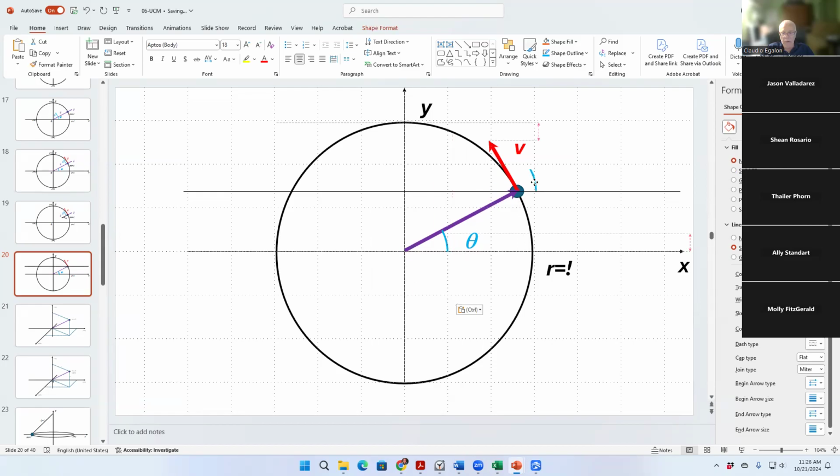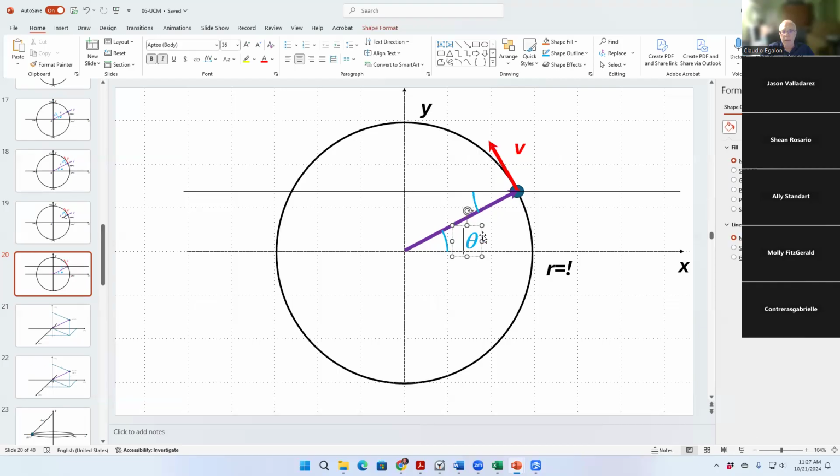We have to do this analysis. This angle here is theta as well. This angle here is 90 degrees. Consequently, this angle here must be 90 minus theta.